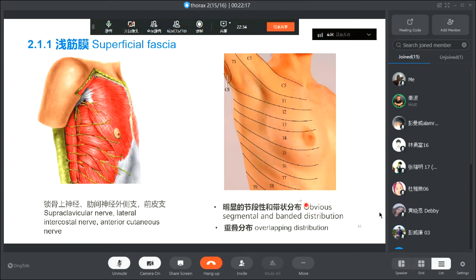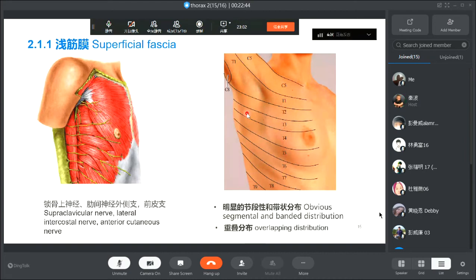Between the two regions controlled by these nerves, there is an overlapping distribution. Do you see it? And this picture shows the different regions of the superficial nerve.